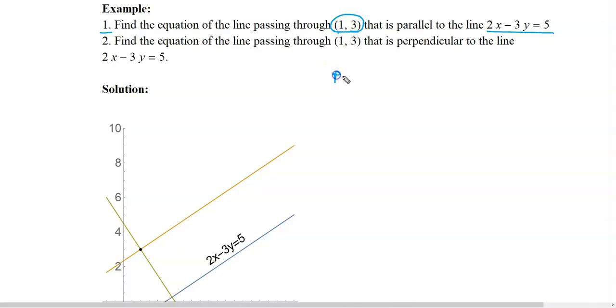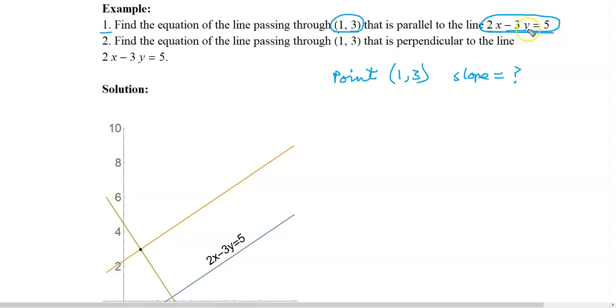So our point is 1, 3. Now to find the equation of any line, we need a point and we need a slope. So we don't know what the slope is. Well, our line is supposed to be parallel to this line, so that means they have to have the same slope. So we need to find the slope of this line right here.